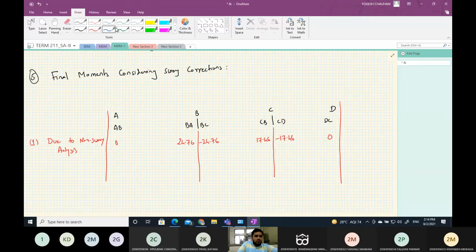Second, the moments due to sway correction.